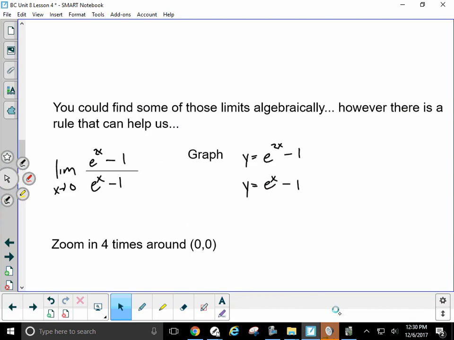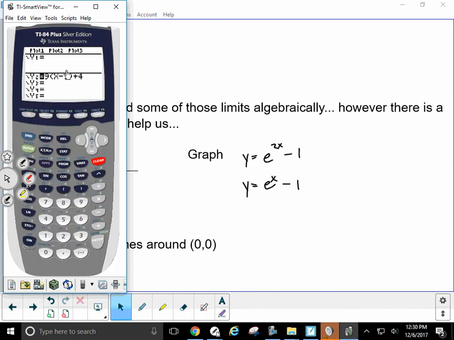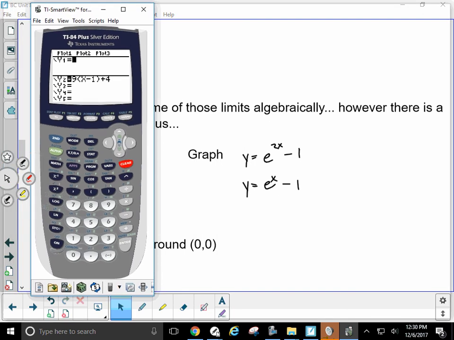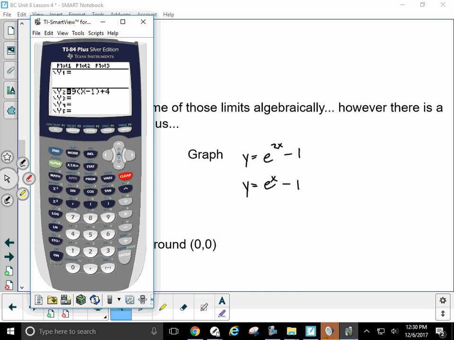All right. So I'm going to graph the function y equals e to the 2x minus 1 as well as e to the x minus 1.